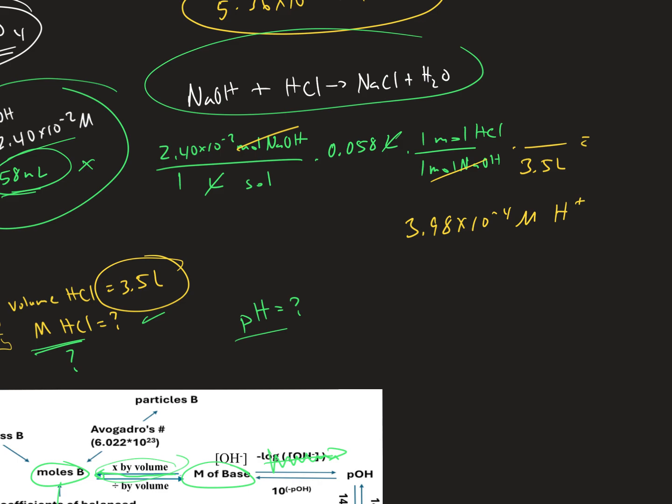Then from there, we do pH is equal to negative log of that concentration. And we get 3.4. Good?